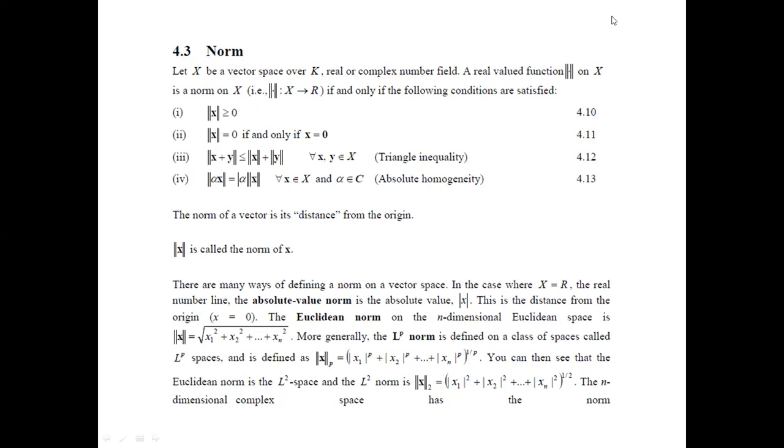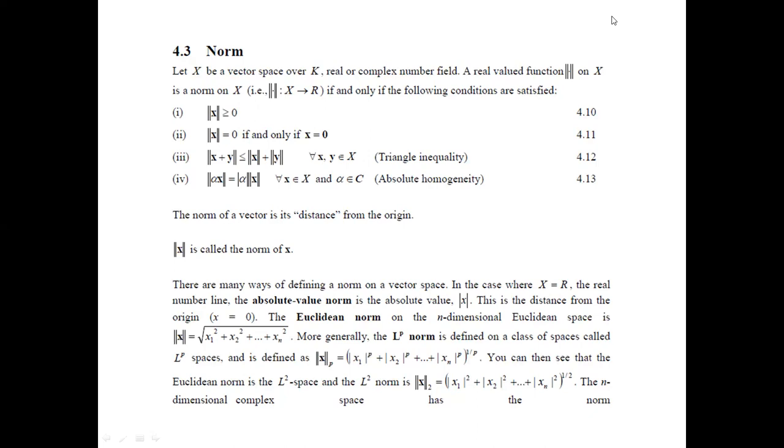More generally, the Lp norm is defined on a class of spaces called Lp spaces and is defined as norm of x in p equals absolute x1 to the power p plus absolute x2 to the power p up to plus absolute xn to the power p. For you to have the dimension of x, we must find the pth root.